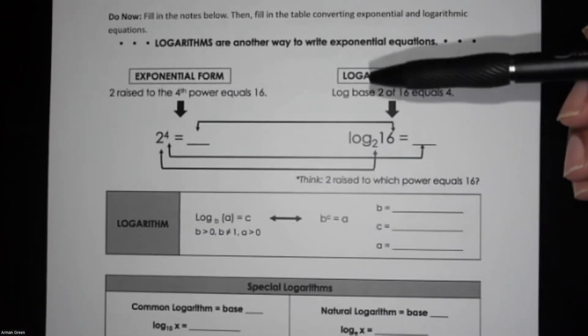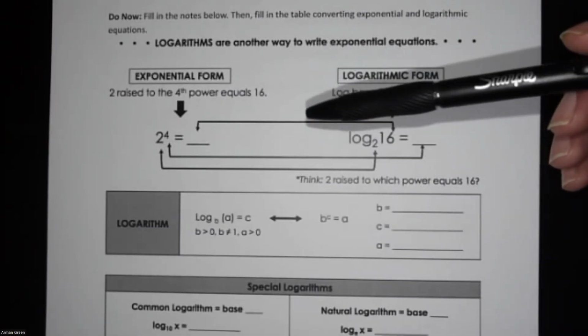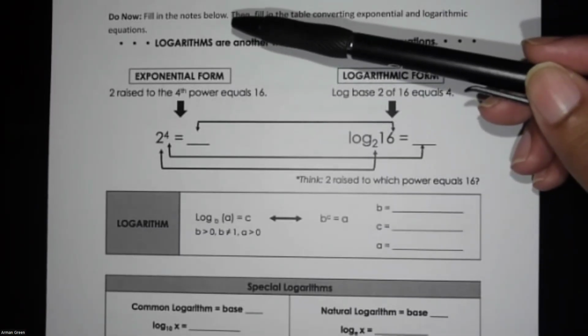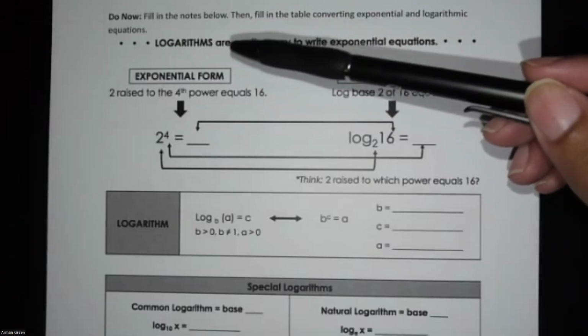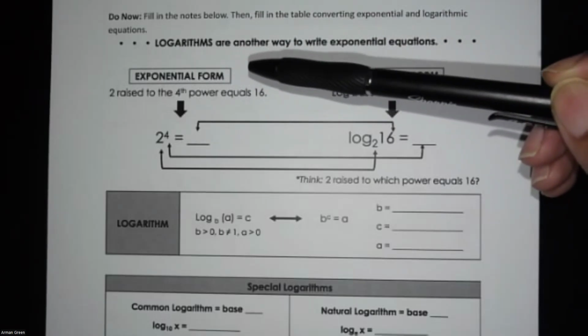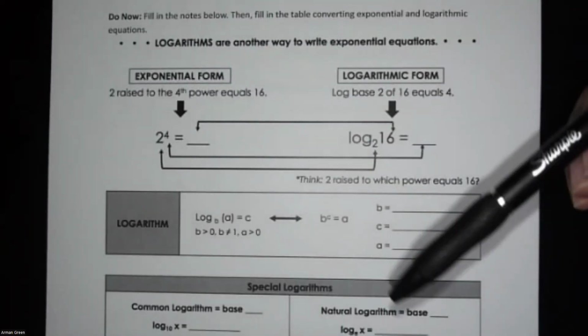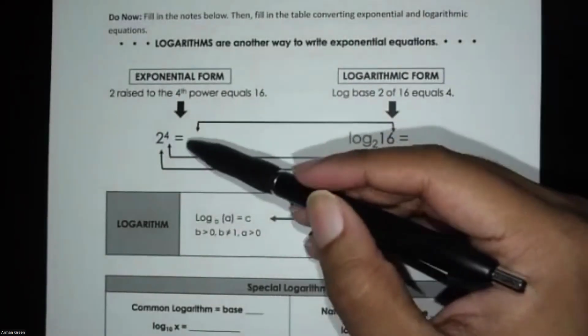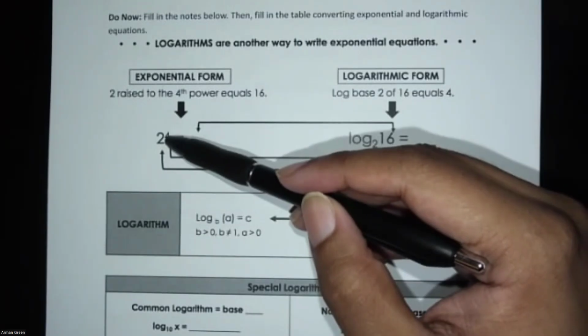All right, so logarithms. Again, this is a new type of function, and the good thing about them is that it's nothing too complicated. In fact, logarithms are another way to write exponential equations, things that we've seen before. Here's an example of an exponential function. We have a number raised to a power.